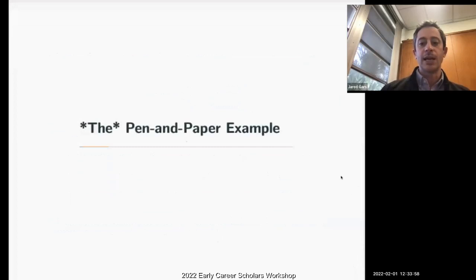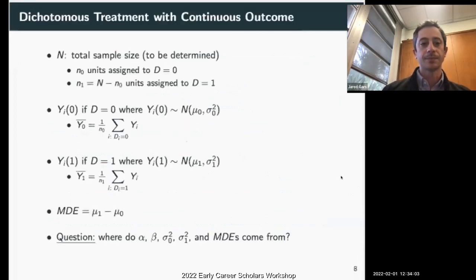So let's go through a quick example of how we can calculate power with two treatments and a continuous outcome. In this context, we have n, which is essentially what we're trying to solve for. And this total n is going to be made up of the number of units in our treatment and the number of units in our control. That's going to be the choice of the researcher, and we're going to denote these as n sub 0 and n sub 1.